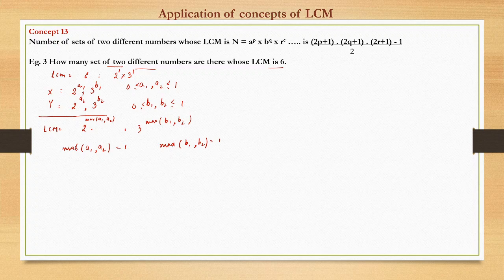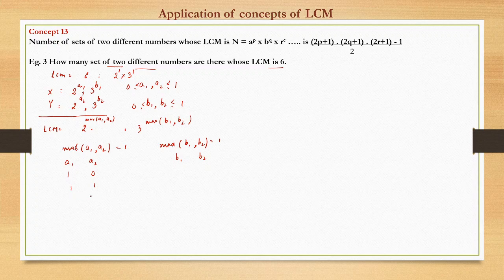So we know that a1, a2 maximum can be 1. Let us take the values of a1, a2, b1, b2. Say suppose a1 is 1, so a2 can be 0 or a2 can be 1, so that the maximum of a1, a2 has to be 1. At least one of the numbers has to be 1.